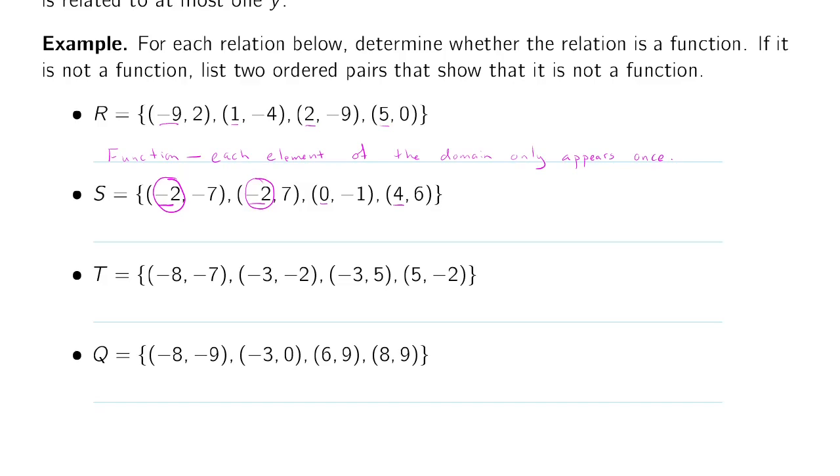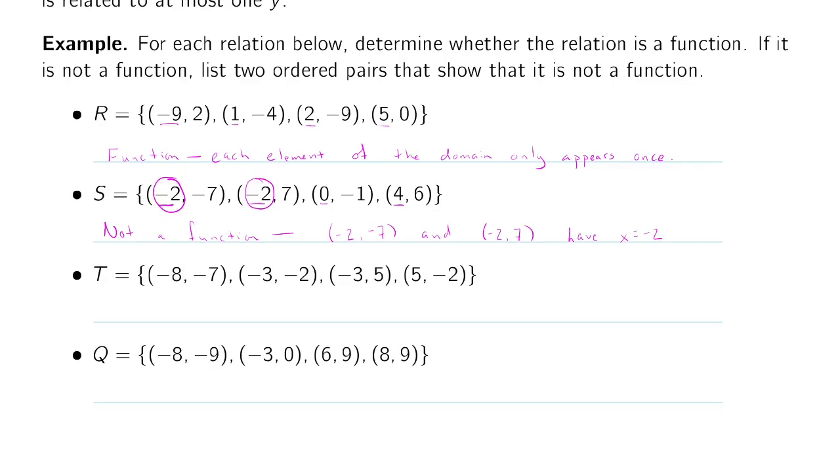Since an element of the domain appears twice, this is not a function. Our evidence that this is not a function is that we have the pairs -2, -7, and -2, +7, which have the same x value, namely -2.